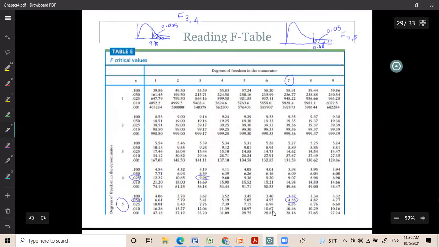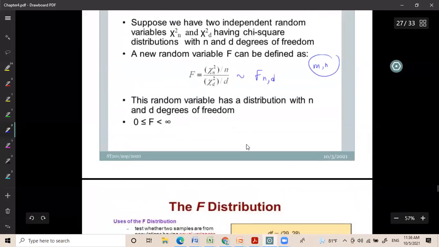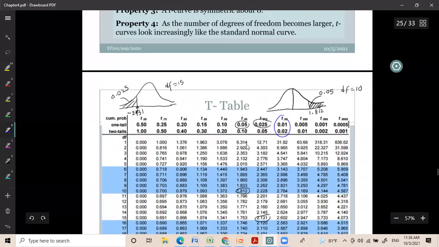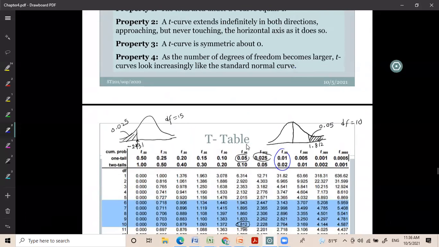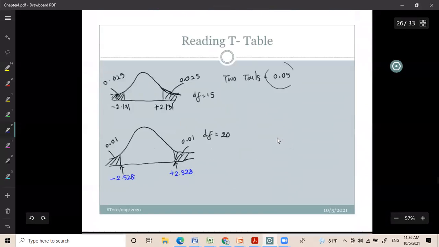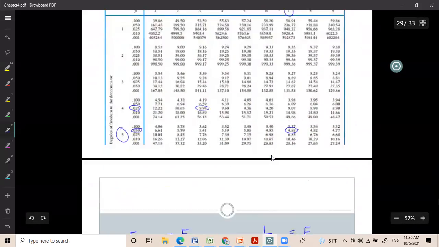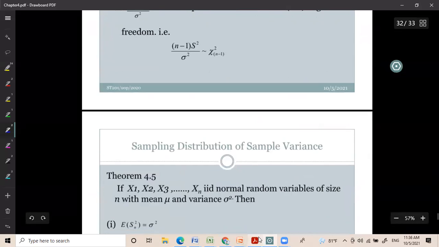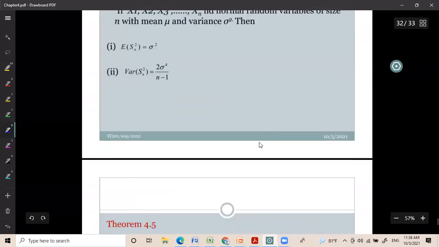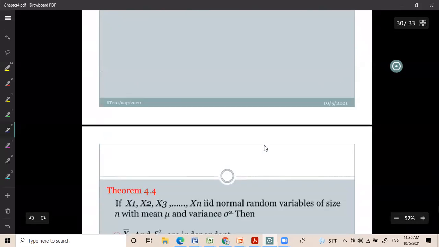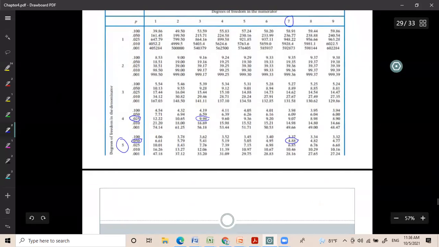Now, have you ever wondered why it is called the F distribution and why this is called the T distribution? Chi-square is okay, it's a letter in the Greek alphabet, but T and F. Why do you think they are T and F? Any guess? Do you know what this F stands for?